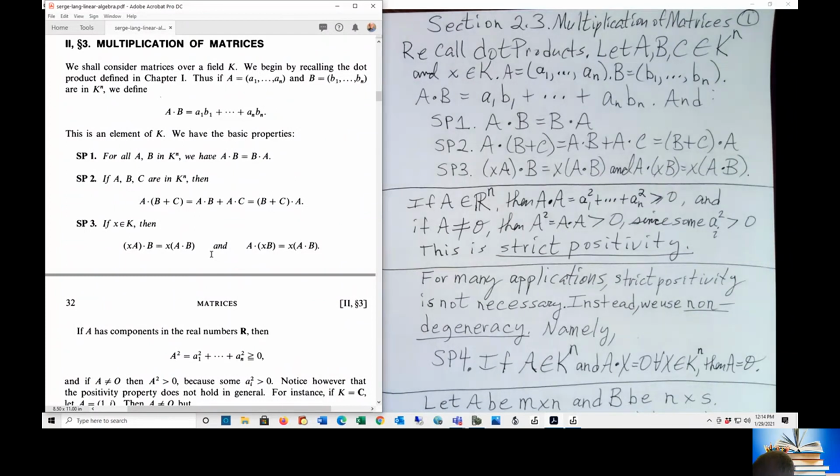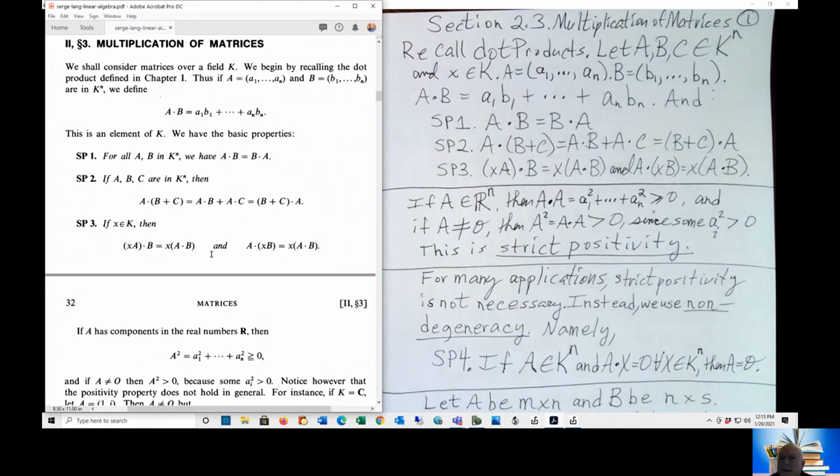It's only defined when the inner dimensions are equal. We'll see that momentarily. But now, the matrix multiplication is defined in the context of dot products. So let's start out by simply recalling dot products in Kn.